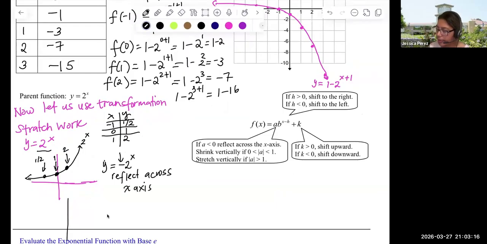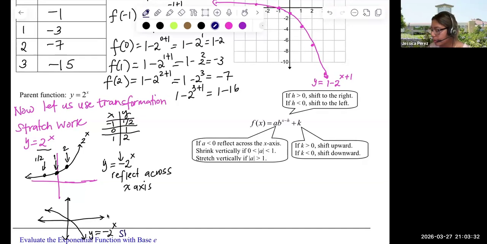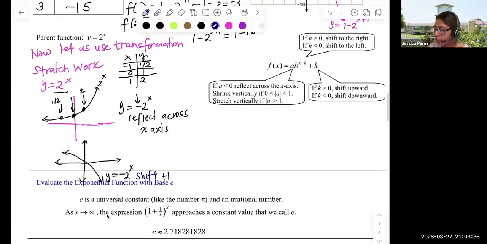Because of the negative, it automatically reflects it this way as y equal -2 to the x. And lastly, you have a shift +1. So I'm going to take this whole thing and bring it up 1 unit.